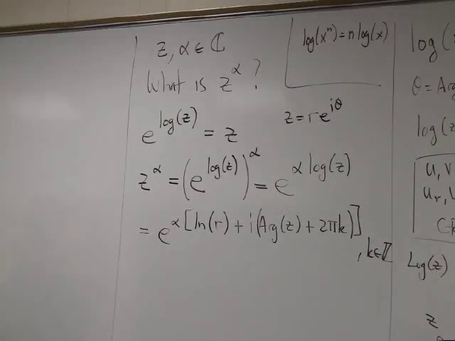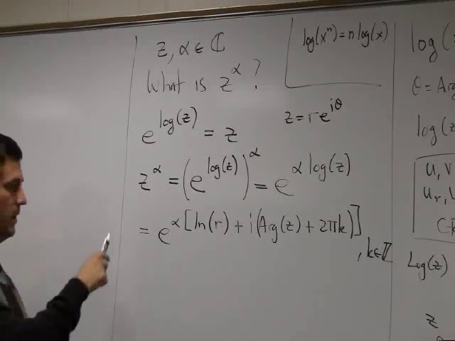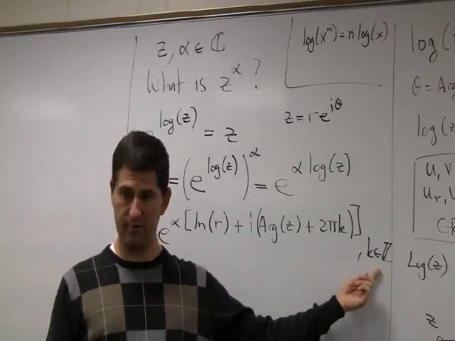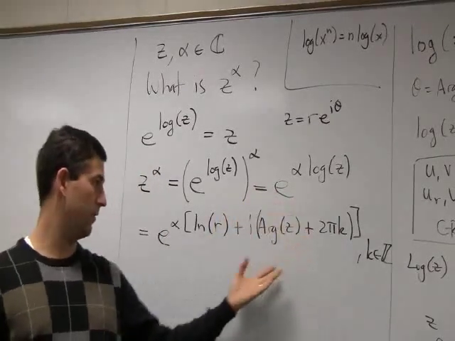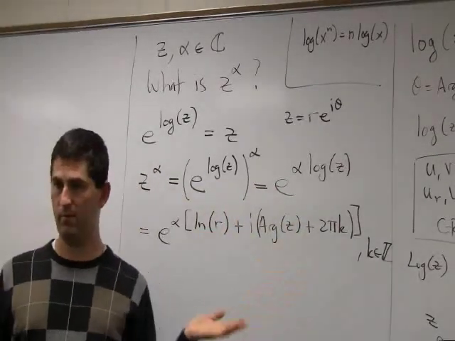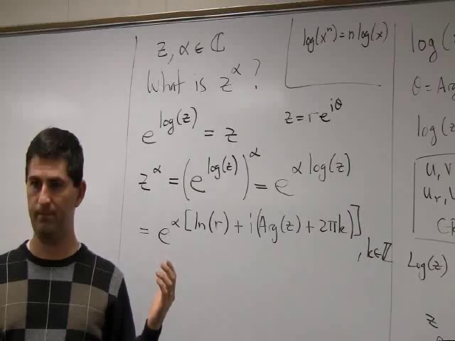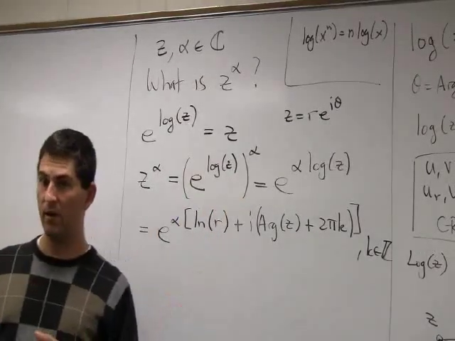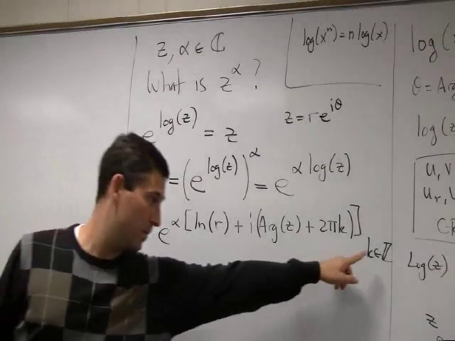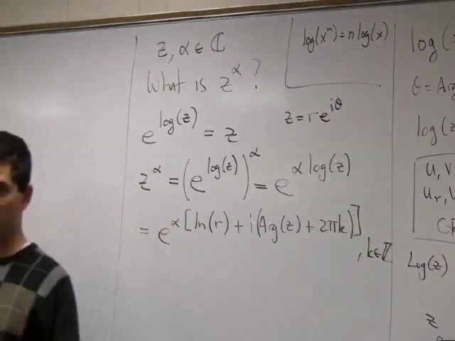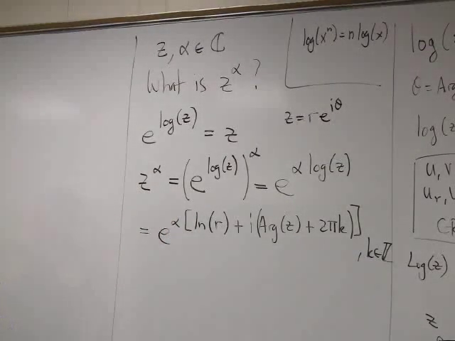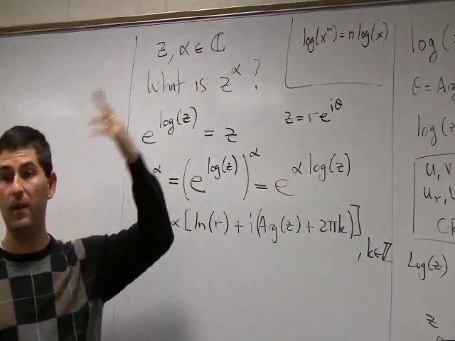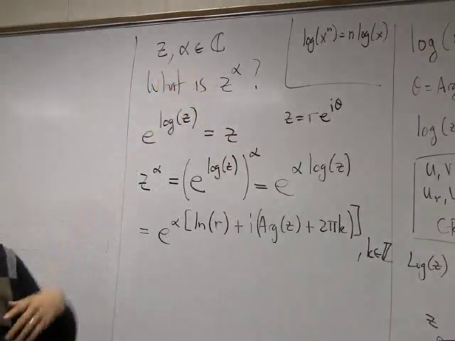So what is immediately obvious from this is that, as k runs through all the integers, you get different exponents. And so in general, you should get different values. Since there's an infinite number of these k's, you should be able to get an infinite number of values. So in general, when you take a complex number to a complex power, you get an infinite number of answers, just like with the logarithm.